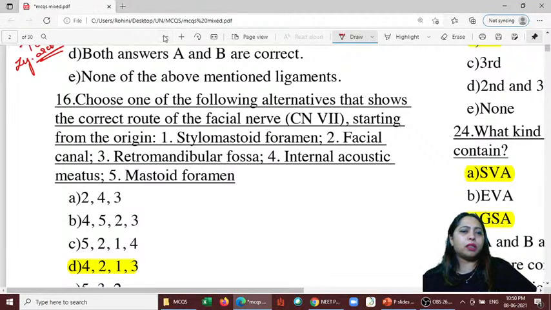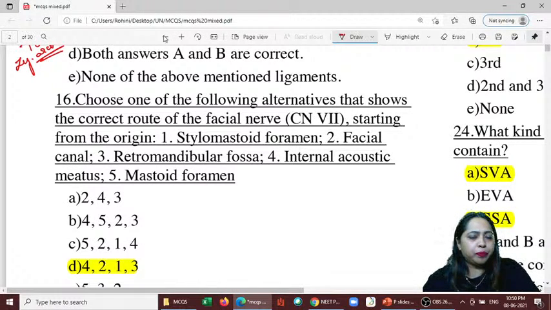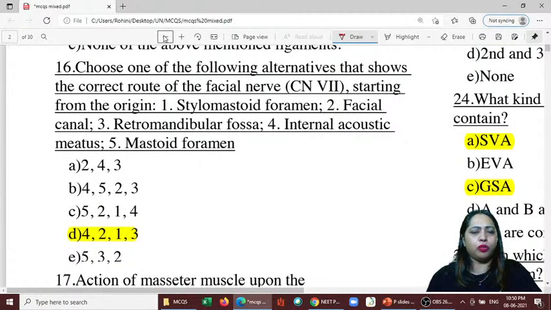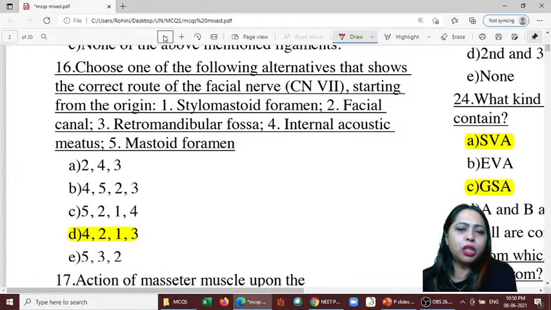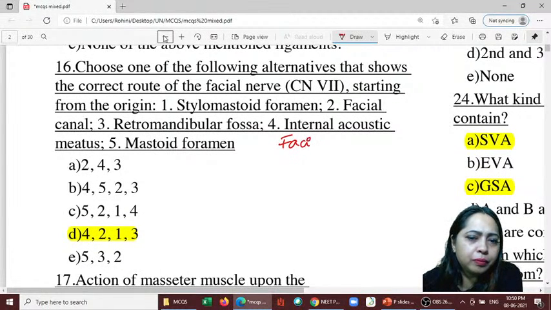Choose the one of the following alternatives that shows the correct route of the facial nerve. Okay, where does it start? You know that the facial nerve starts from the pons, right?